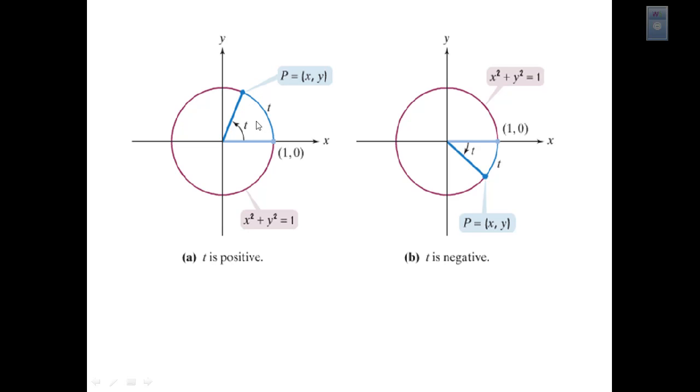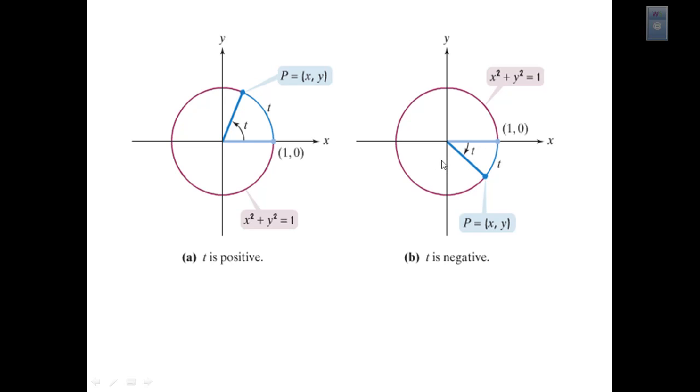There is no negative measurement on length. So your arc measure will always be positive, but your angle measure can be positive if it goes counterclockwise from standard position, or it can be negative if it goes clockwise from standard position.